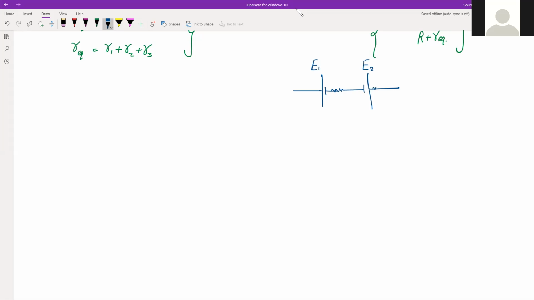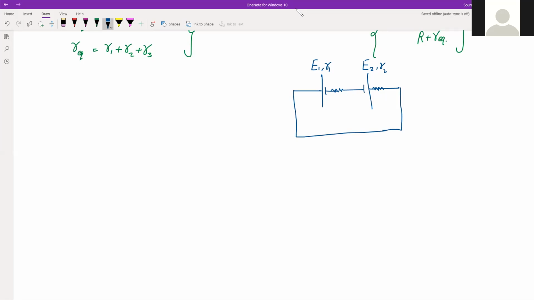So even this is possible. This has E2, R2. Suppose this has E1 and R1, where R1 and R2 are the internal resistances.